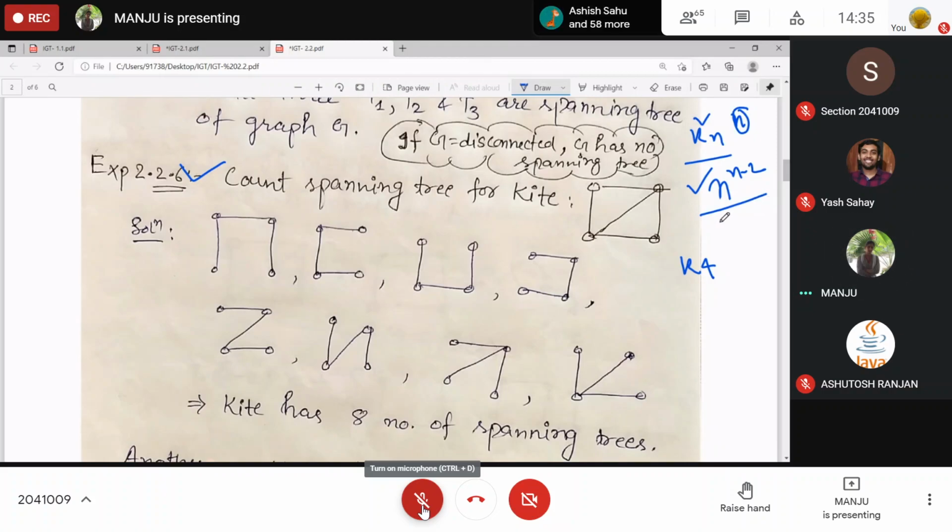Understood? For K4, it will be 4 raised to the power 4 minus 2, that is 16.